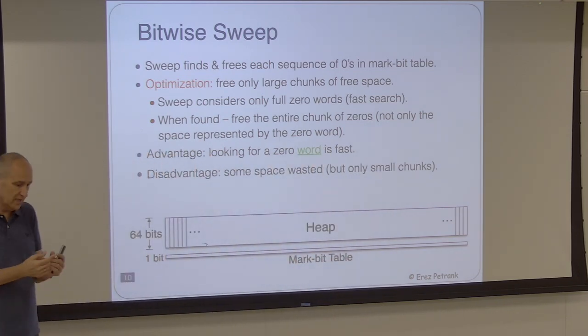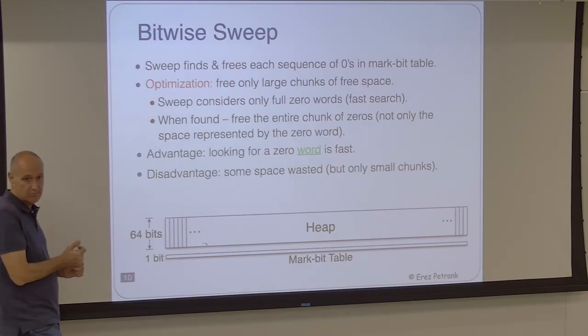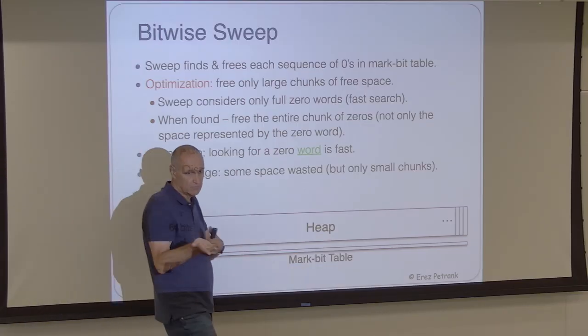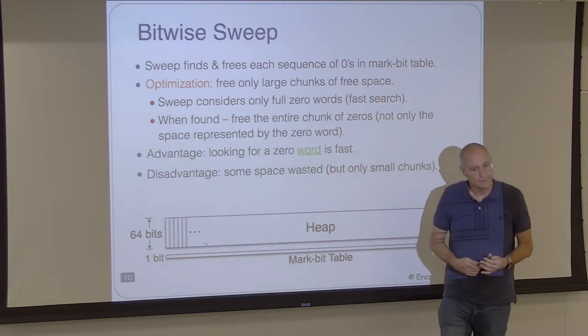This is like bits games where I have to mark exactly the right bits inside a word of a mark bit table. It will take me more time, and I just prefer not to. I could do this, but it will be more costly.